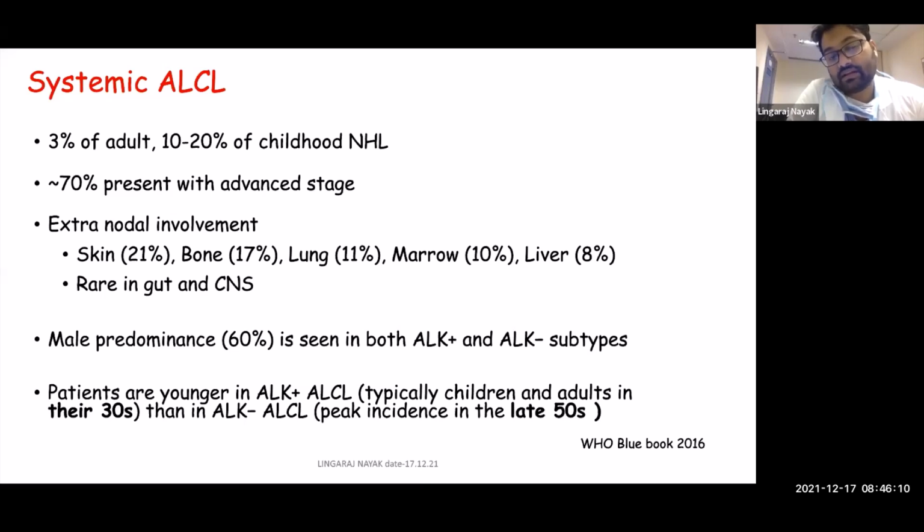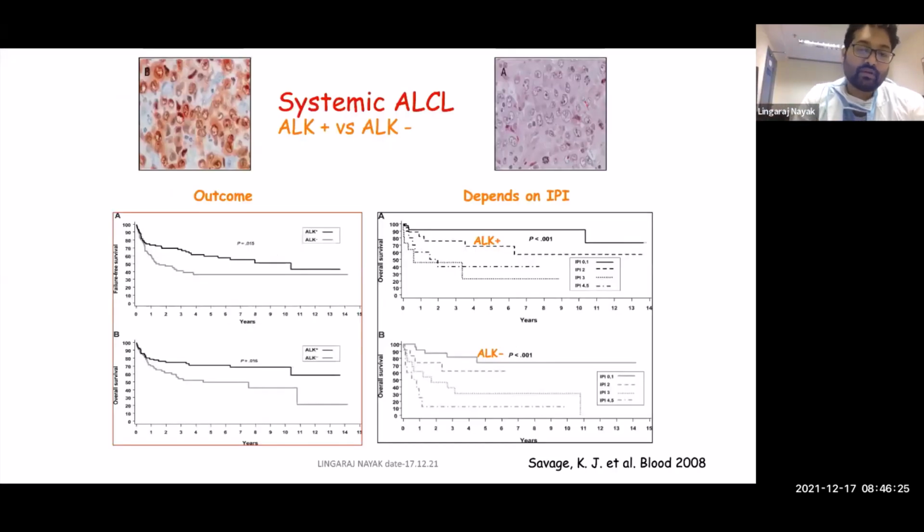It is rare in gut and CNS. Male predominance is seen. And as discussed, ALK-positive ALCL is typically seen in children and adults in their 30s, and for ALK negative, the peak incidence is in the late 50s. Okay, so before 2008, the entity was mostly ALCL, and they were ALK positive.